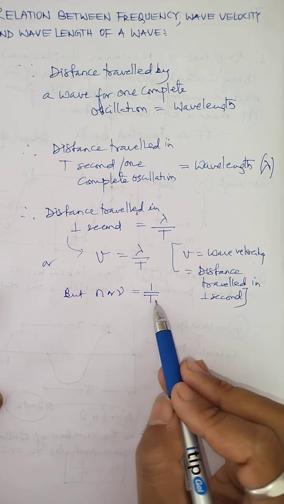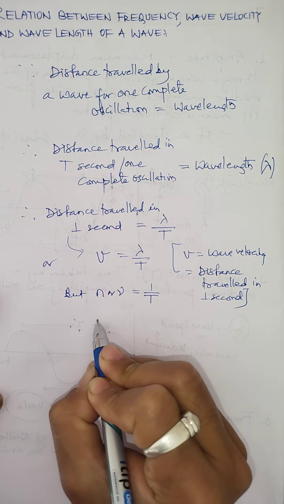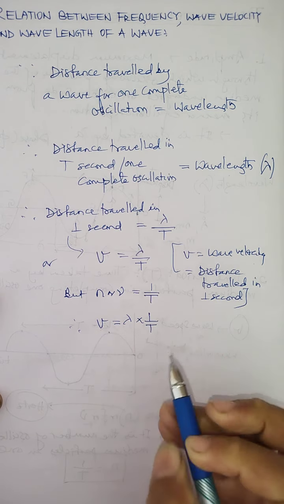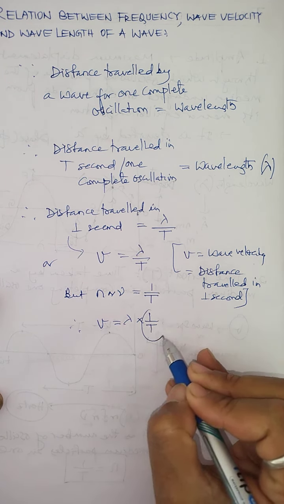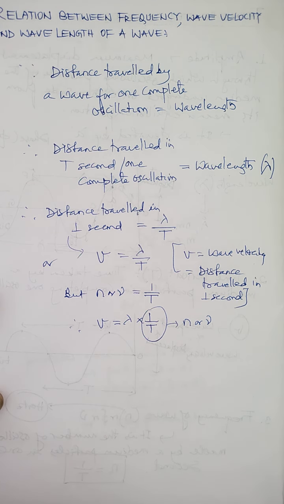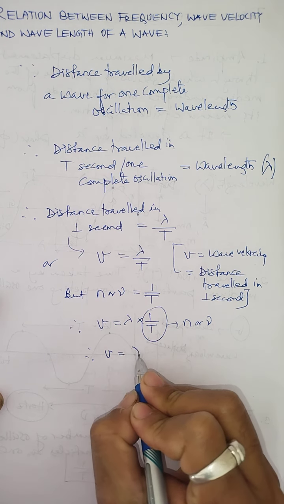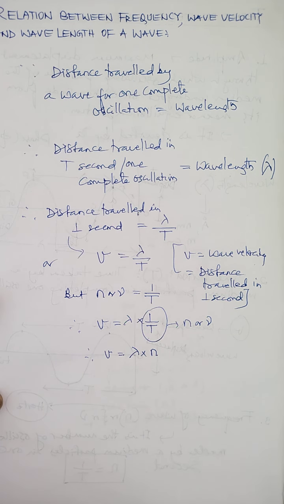So wave velocity equals wavelength into 1 by T. Now this 1 by T is nothing but n or nu, so the wave velocity equals wavelength into n, where n is the frequency.